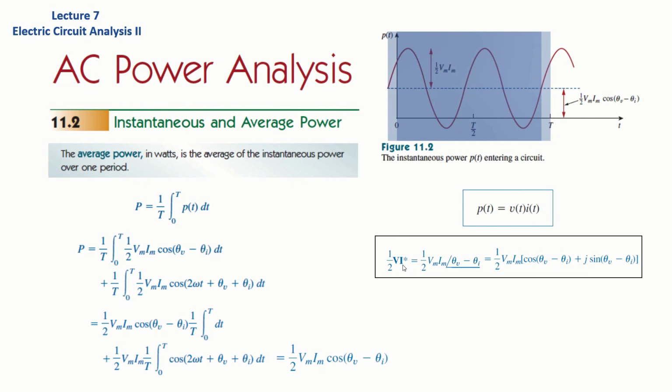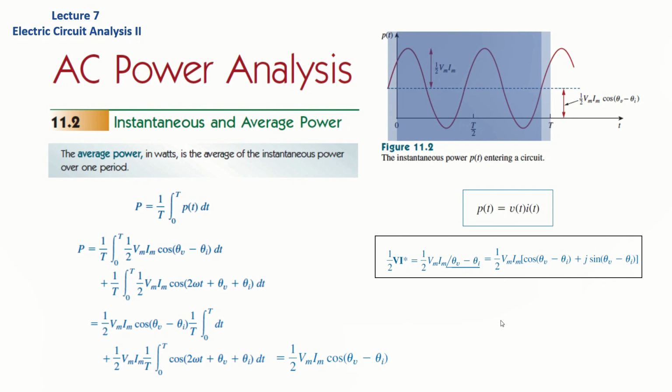By writing it this way, we can express this conjugate of the phasor I, which would mean the phase of the current is negative, because the conjugate operation only changes the sign of the phase. When we expand this expression, we end up with this one. So we do not have this sine part here.